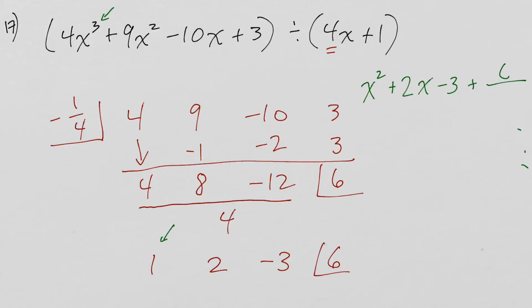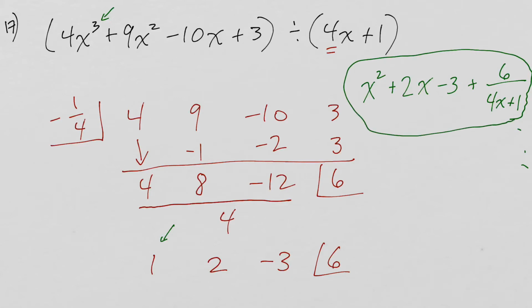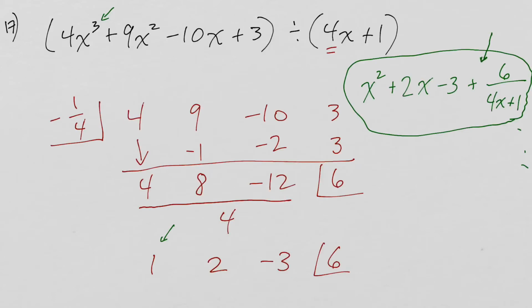I put the remainder on top of the fraction, and what I'm dividing by on the bottom of the fraction. And remember that when you do this, you need a sign before your remainder term. This was a positive 6, so I put a plus there.